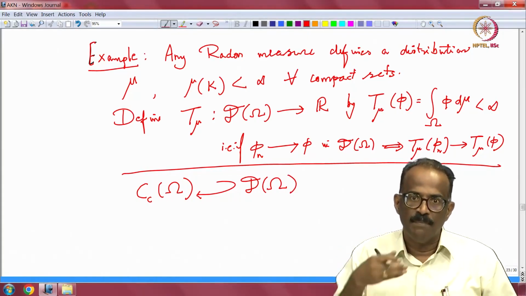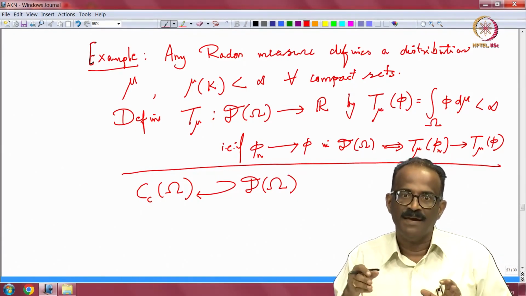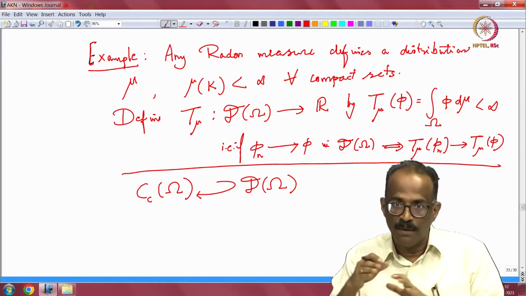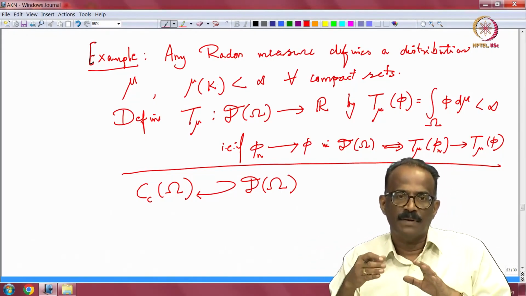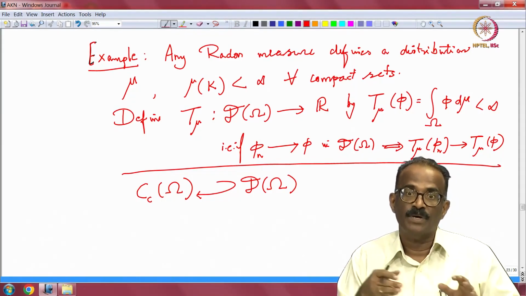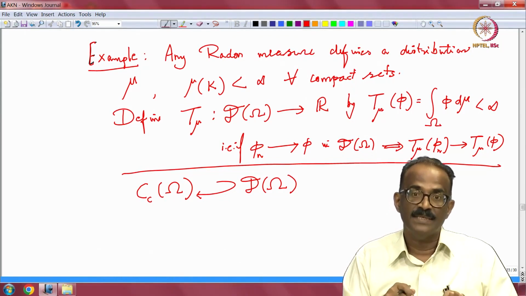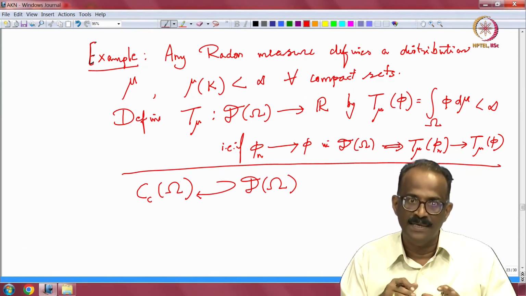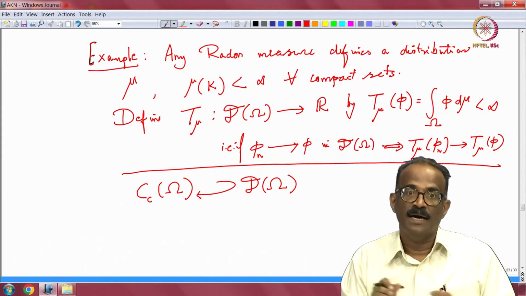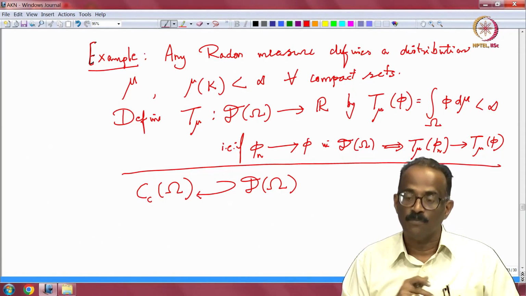In the preliminaries we also introduced topology in a similar way; you can introduce a similar topology on C_c(Omega) to make it a topological vector space, and we will make more comments later. Then D(Omega) is contained in C_c(Omega) and the identity mapping is continuous under that topology, so D(Omega) is embedded in C_c(Omega).